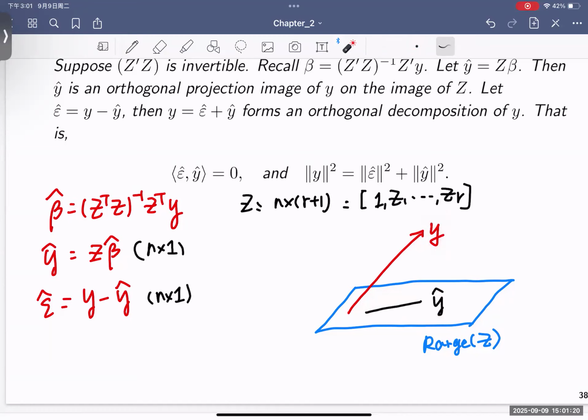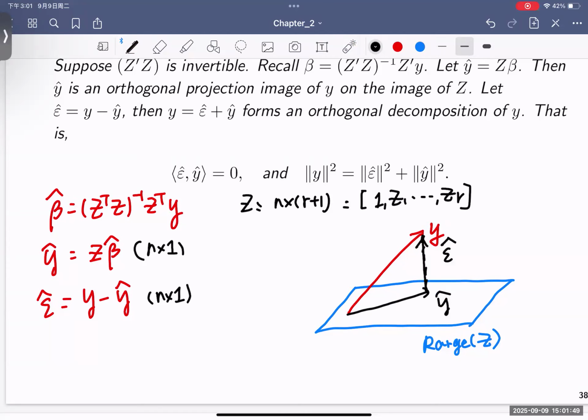And this theory just told us that we obtain this closest y hat when we make a decomposition over y and y hat. Actually our y hat is just this one, and the residual is epsilon hat.